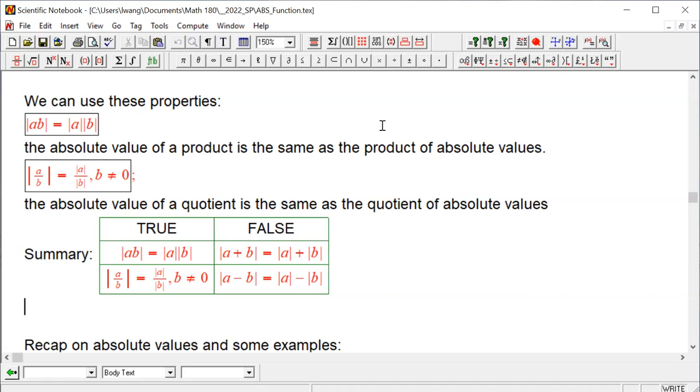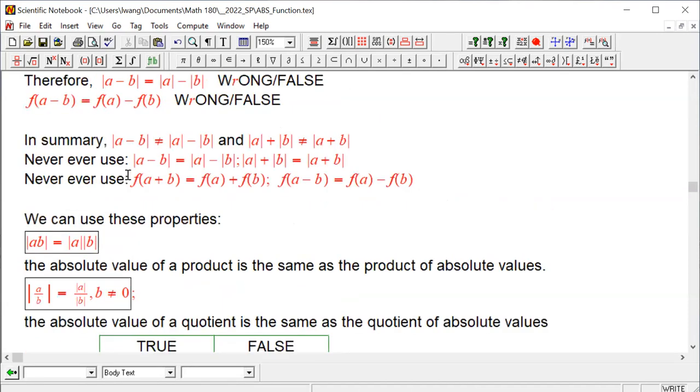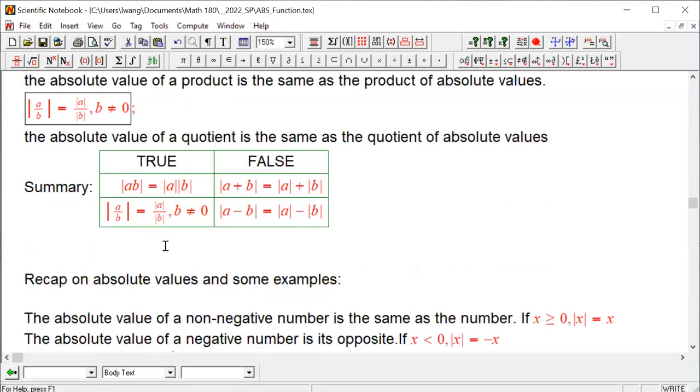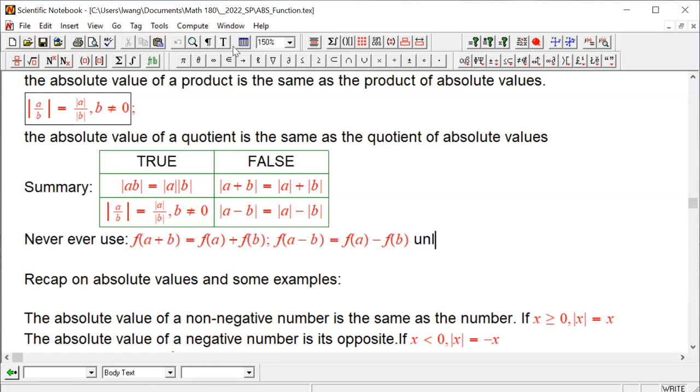And we also have some nice byproducts here. So what are these byproducts? Never ever use these unless you have linear functions.